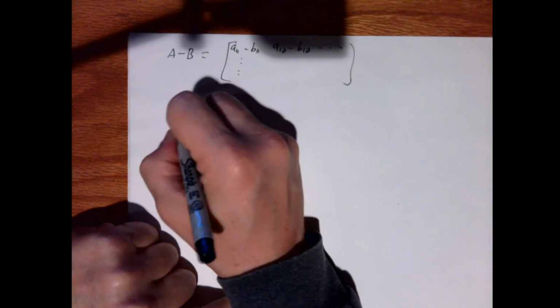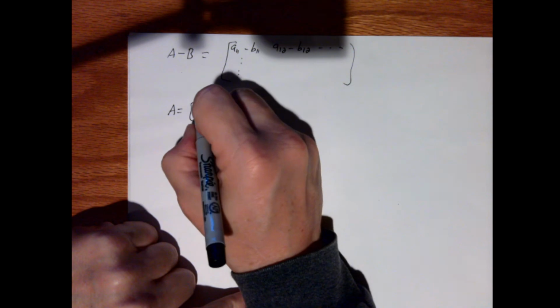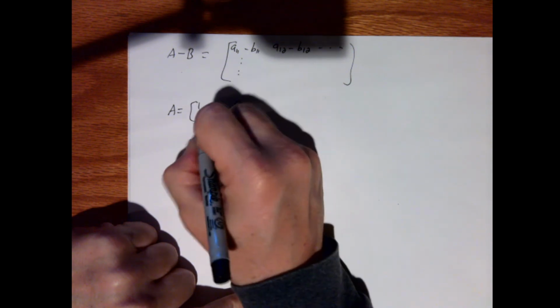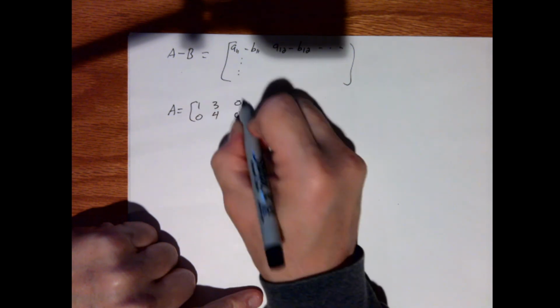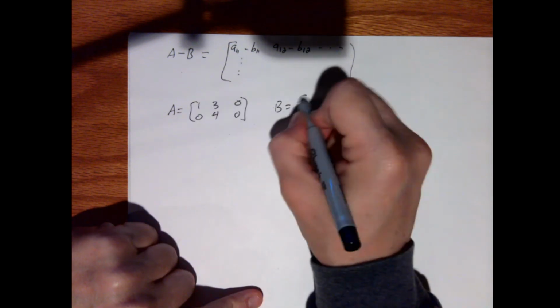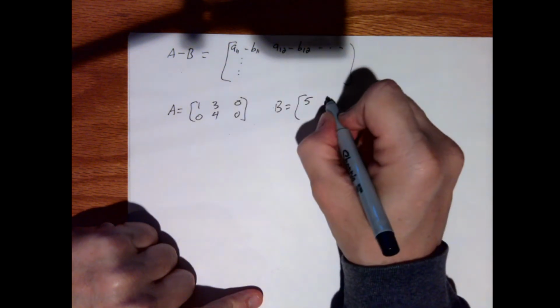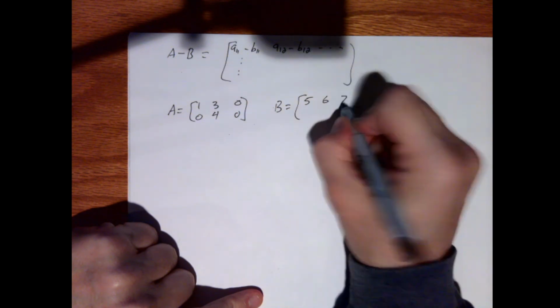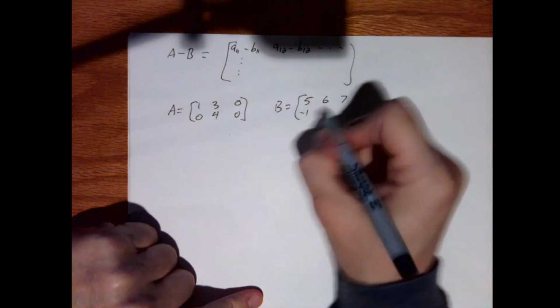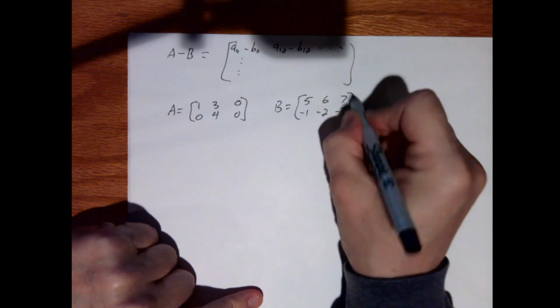Okay? So using these two matrices, let's say we have A is equal to 1, 3, 0, 0, 4, 0. B is equal to 5, 6, 7, minus 1, minus 2, minus 3.